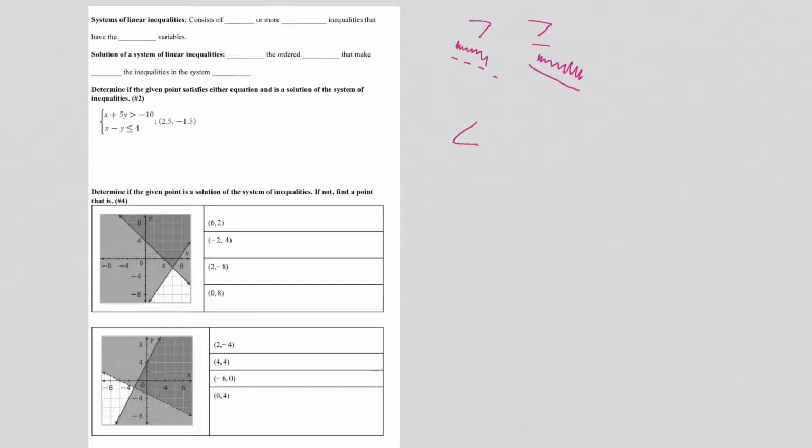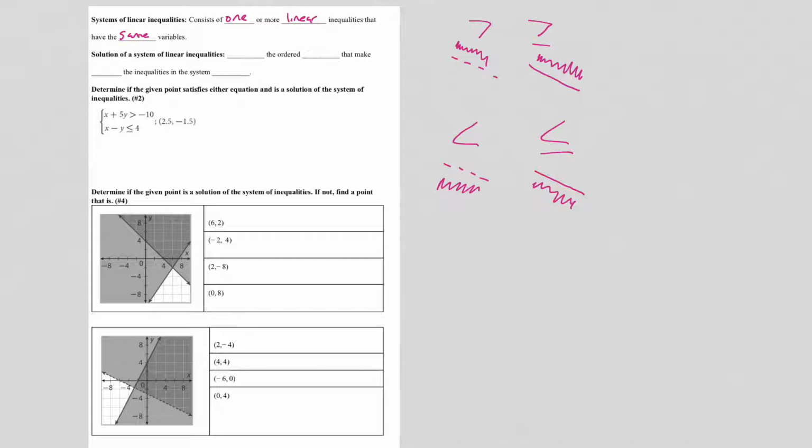And conversely, if I have less than or equal to, right, this is also a dashed line. This would be a solid line. And in this scenario, you shade below the line. So systems of linear inequalities consist of basically one or more linear inequalities that have the same variables, namely x and y.